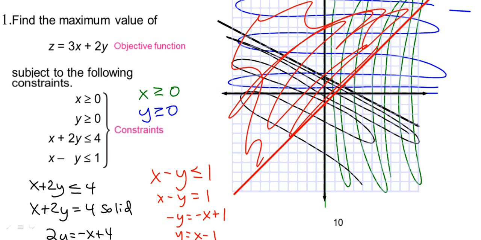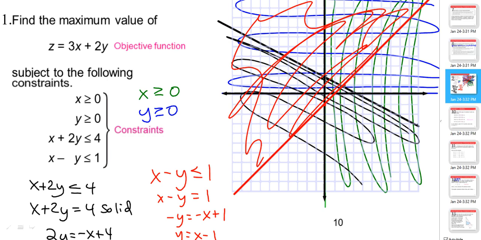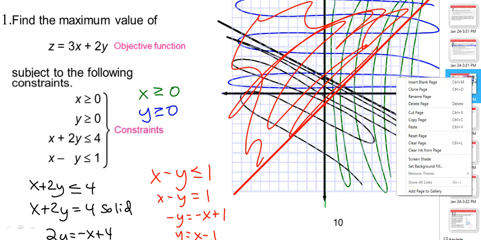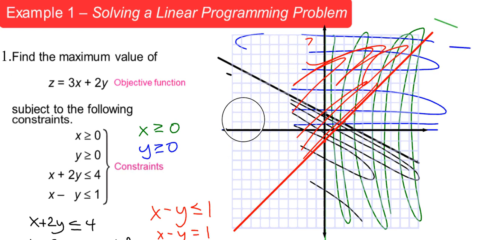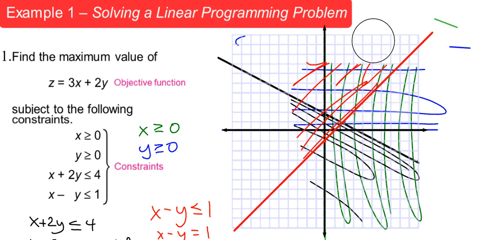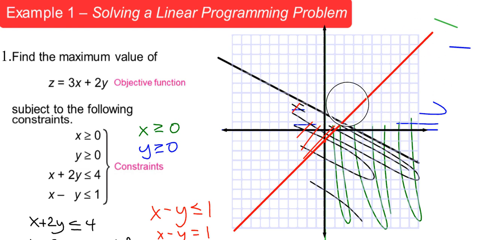I'm going to clone this page. And if you remember, I can't have all of this on here anyway. So I'm going to erase all of my shading at the moment.